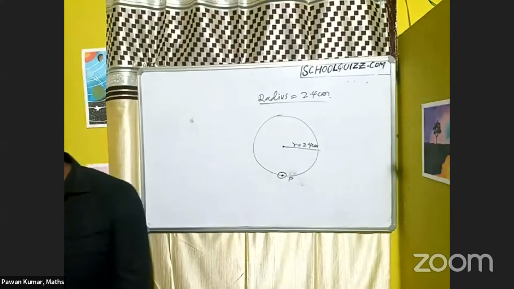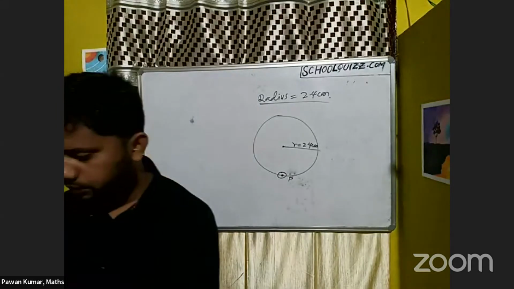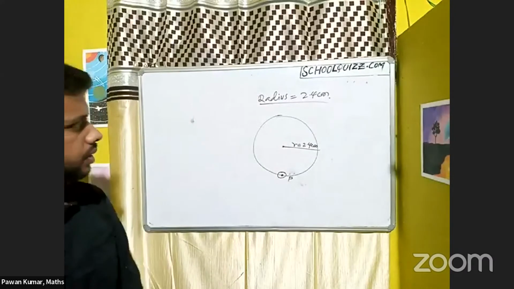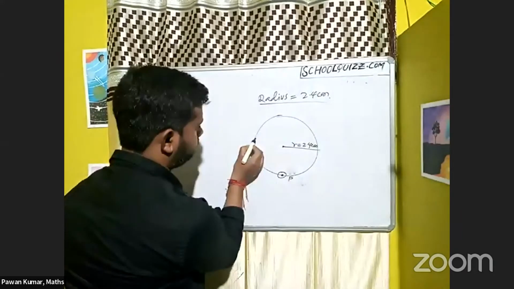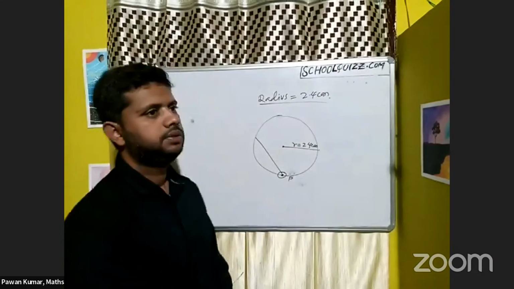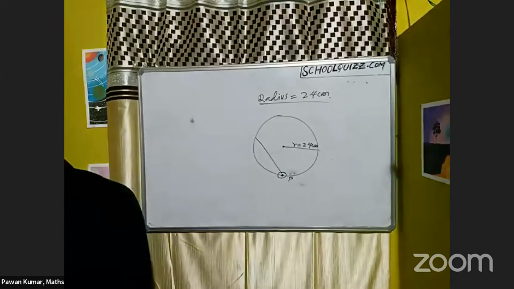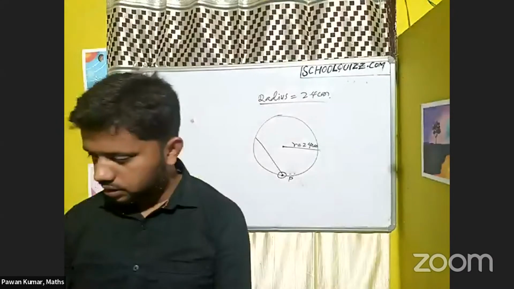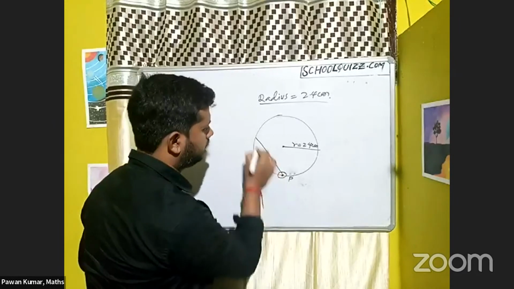Next, what you have to do? Simply draw any chord from this point P. Any chord you can draw from the point P. So next, draw another point.